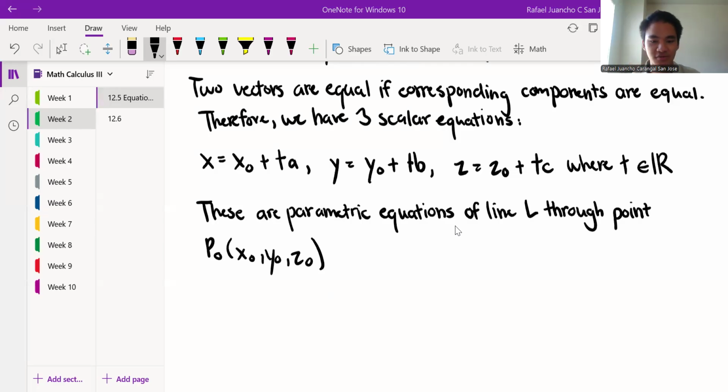So they're passing through the initial point and they're also parallel to the vector v.